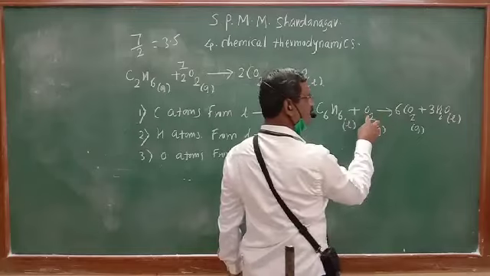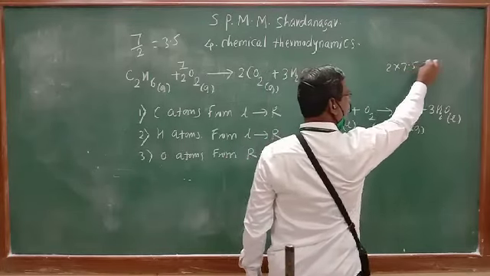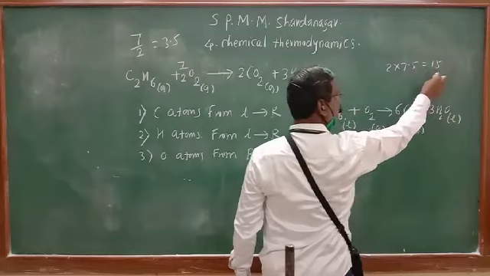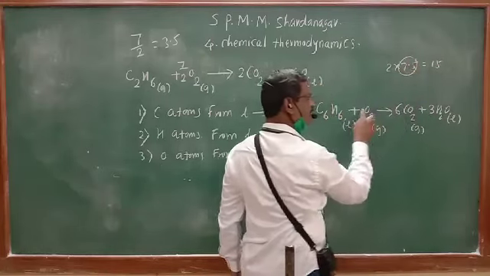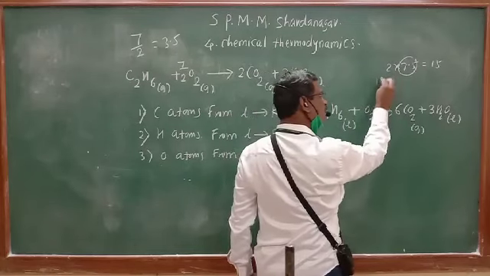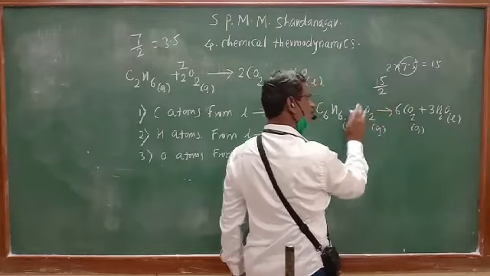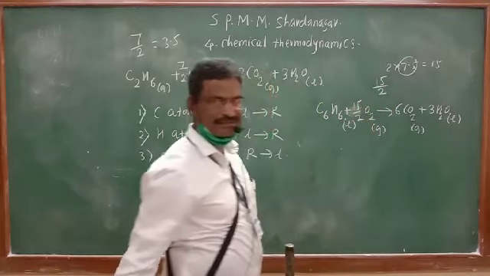Here it is only 2. So 2 multiplied by 7.5 will be equal to 15. Here we have to multiply by 7.5, or it can also be written as 15 by 2. So this is how the reaction can be balanced.